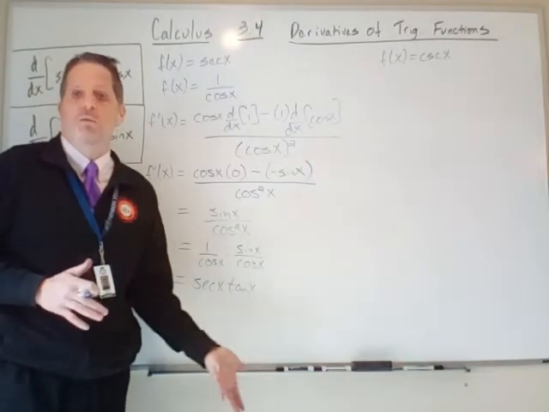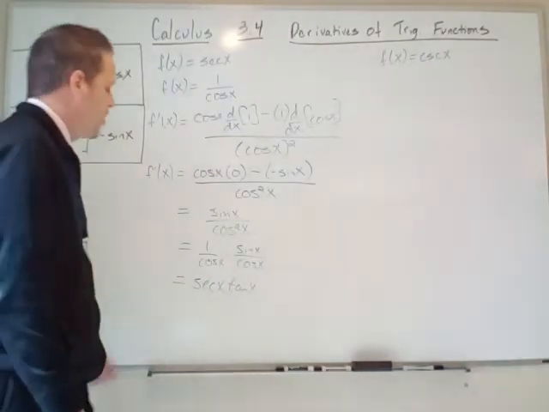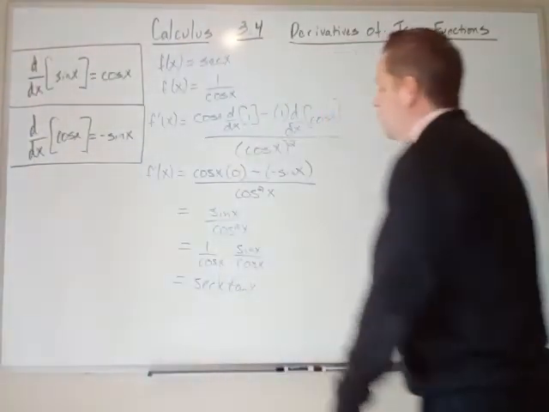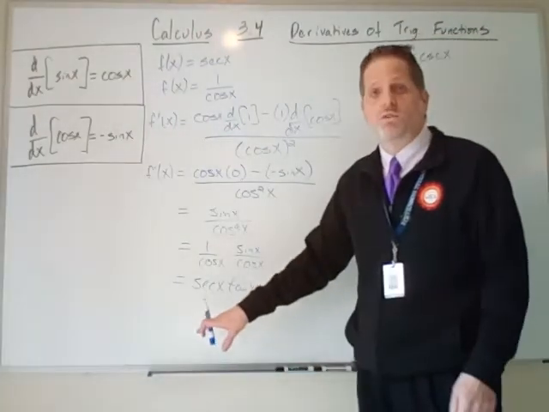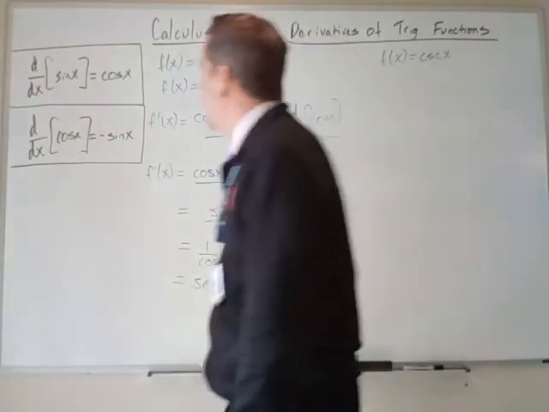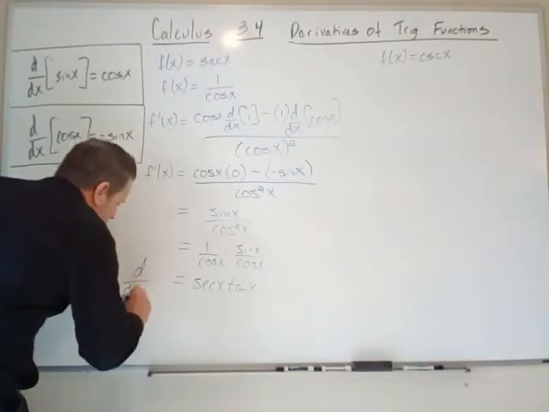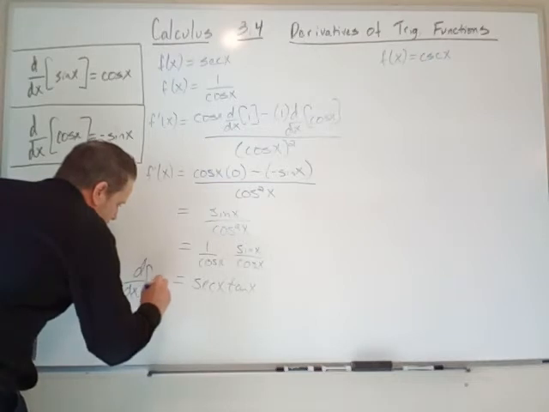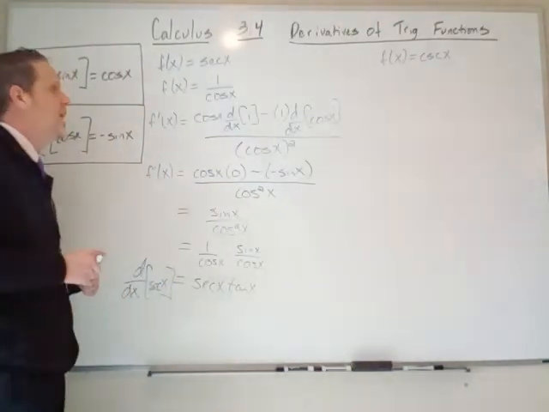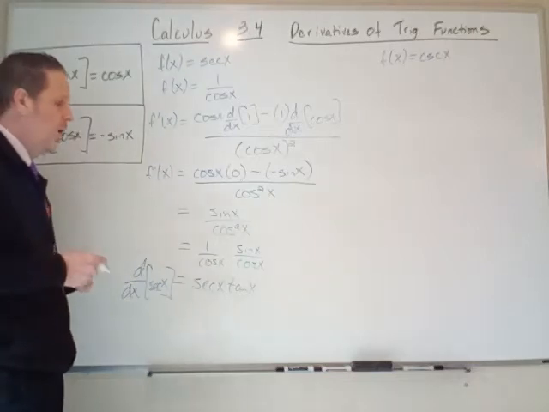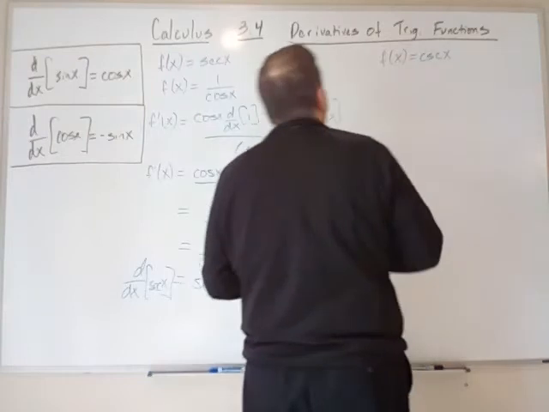They represent real number values, so they would commute under the operation of multiplication. So secant x tangent x, or tangent x secant x. That's the derivative of the secant function. So the derivative with respect to x of the secant is equal to the secant of x times the tangent of x.